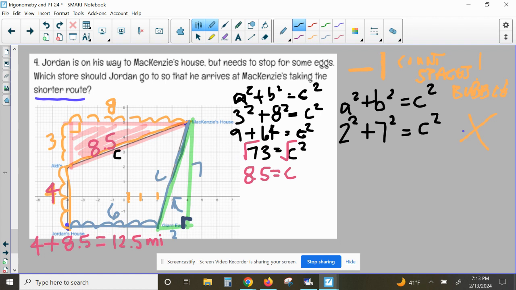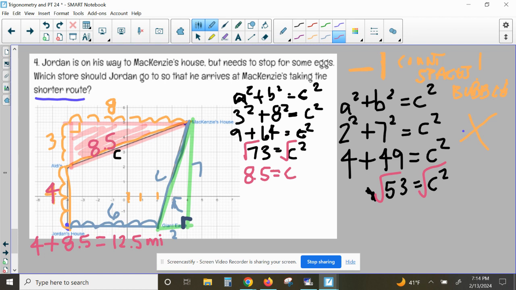Doing a little math: 2 squared is 4 plus 7 squared is 49 equals C squared. 4 plus 49 is 53 equals C squared. I need to square root both sides, and in my calculator I get approximately 7.3 as my C.